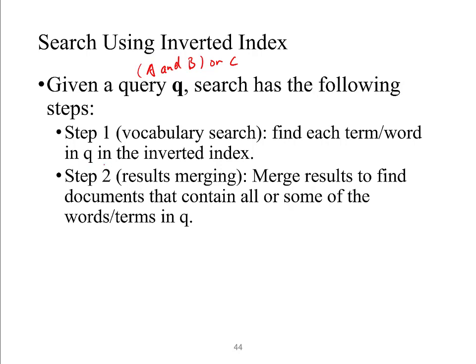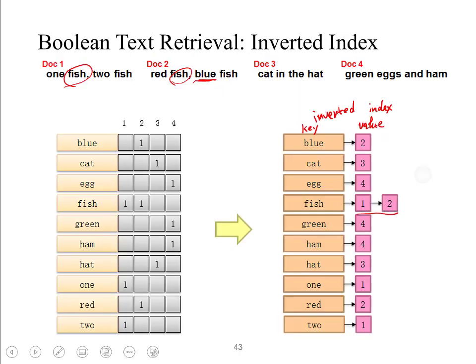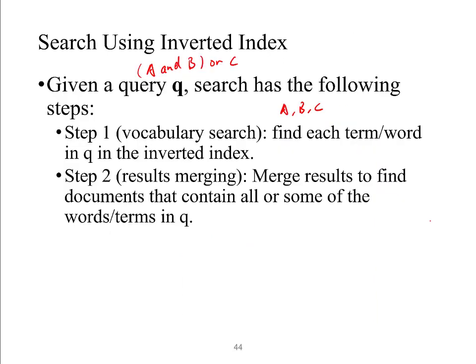For example, here we have A, B, and C. So find the corresponding list of A, B, and C. By the way, we also call this a posting list. So you got the posting list of A, B, and C.